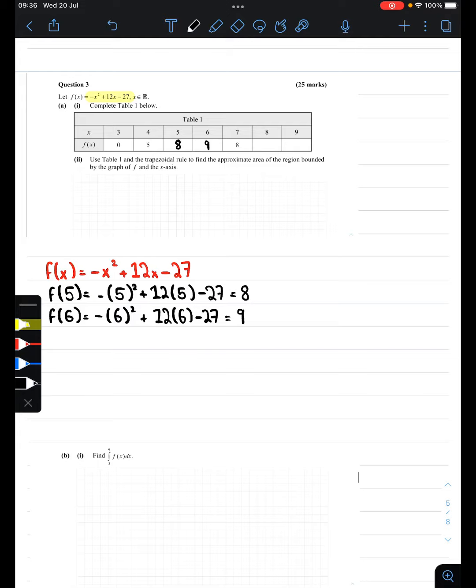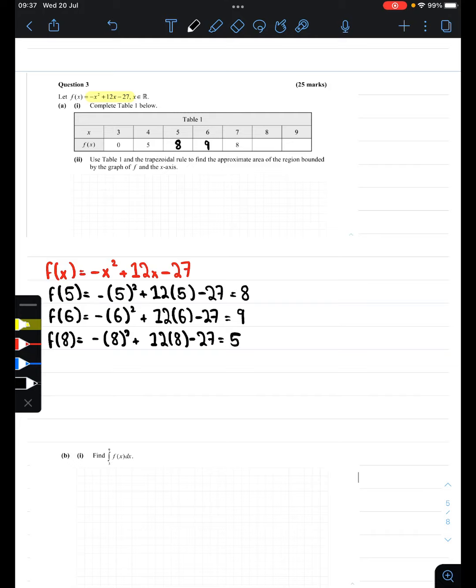Okay, now what about for 8? Well, what is f of 8? Very simple, just plug it into the function. And we'll get minus 64 plus 96 minus 27 equals 5.